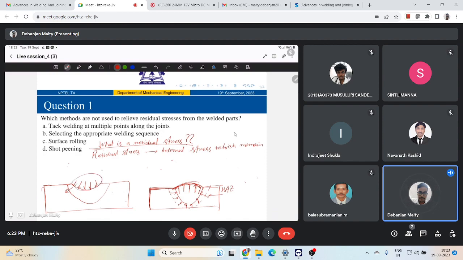So if over here this is compressive, over here this will form this tensile residual stress. And because of those tensile residual stresses, most of the time you can see those crack formation at a fusion region, and this bending happens over there, right?